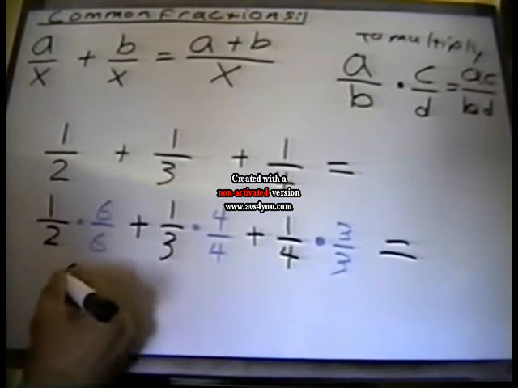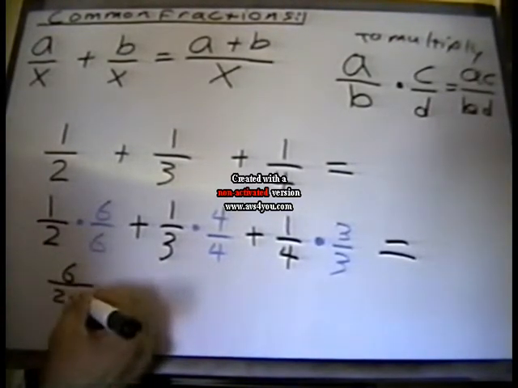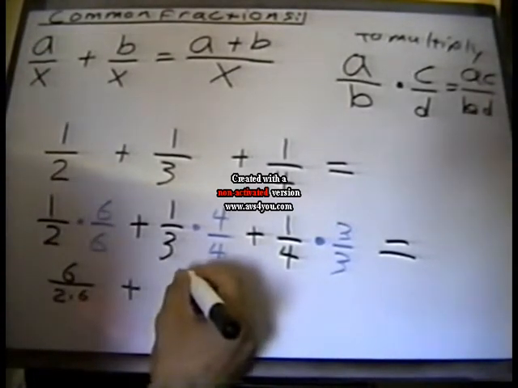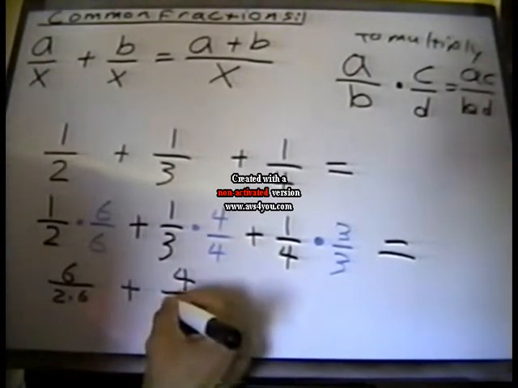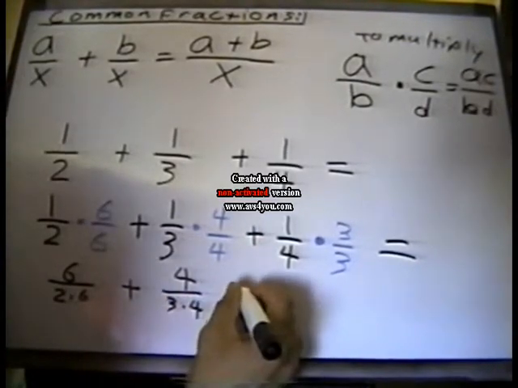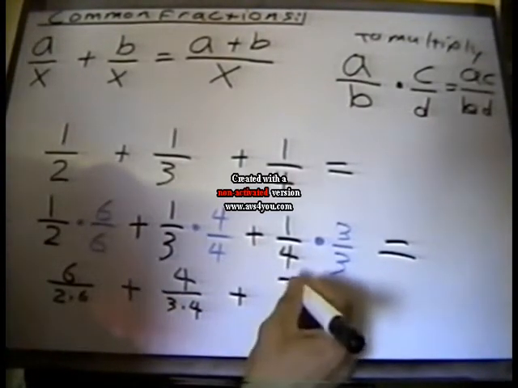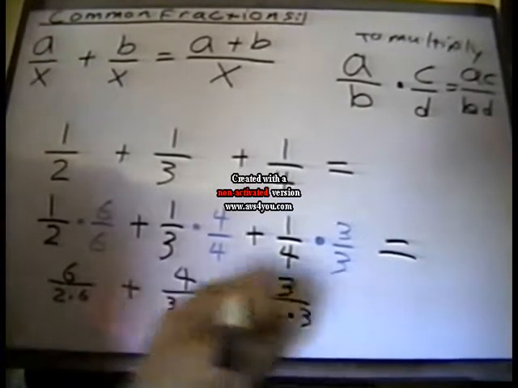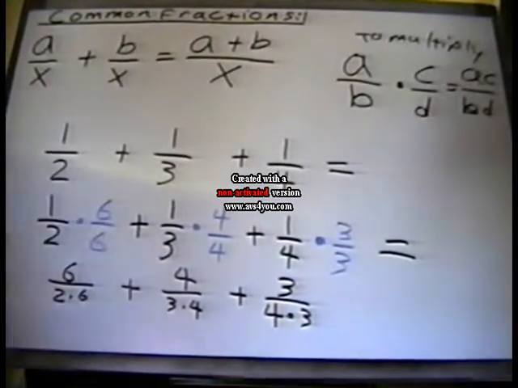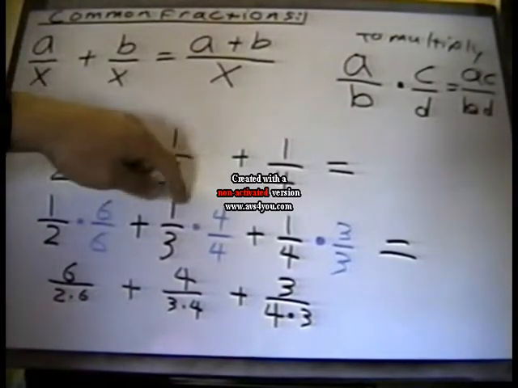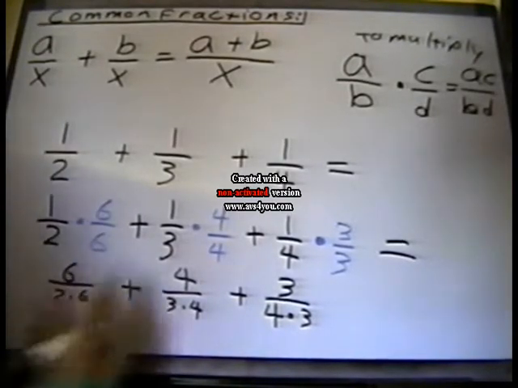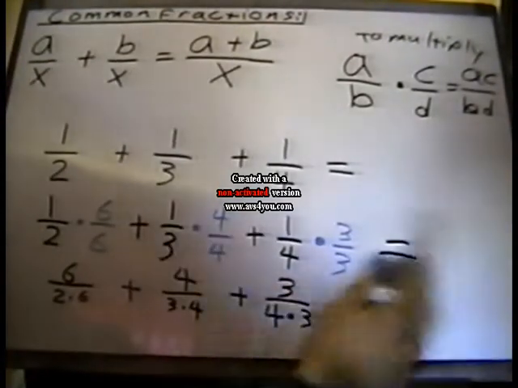So we get 6 over 2 times 6 plus 4 over 3 times 4 plus 3 over 4 times 3. I did not write the 1 times 6 or 1 times 4 or 1 times 3 because it's not necessary. Because multiplying a number by 1 does not change the number.